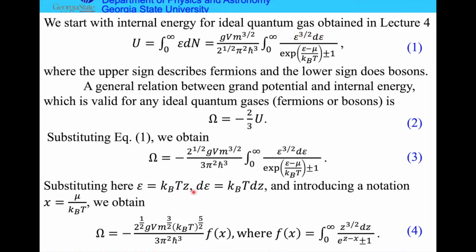So the total power will be 5 over 2. All other quantities did not change. This is the only factor that I obtained, multiplied by some function, which is this integral: z to the power of 3/2 dz over e to the power of z minus x, where x is exactly mu divided by kBT. And again, upper sign fermions and lower sign bosons.